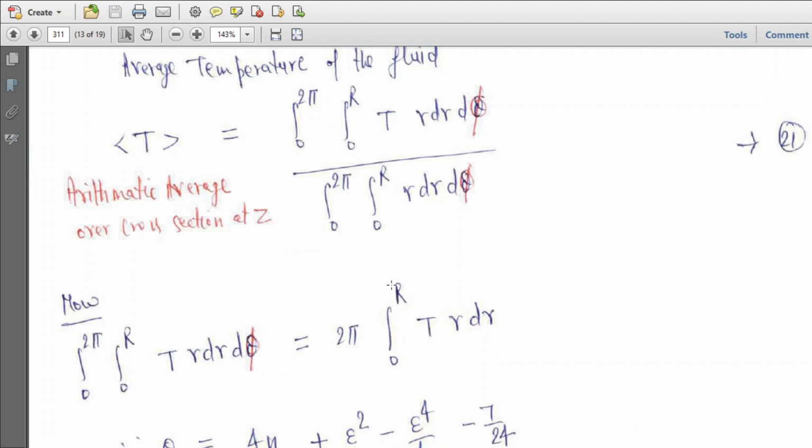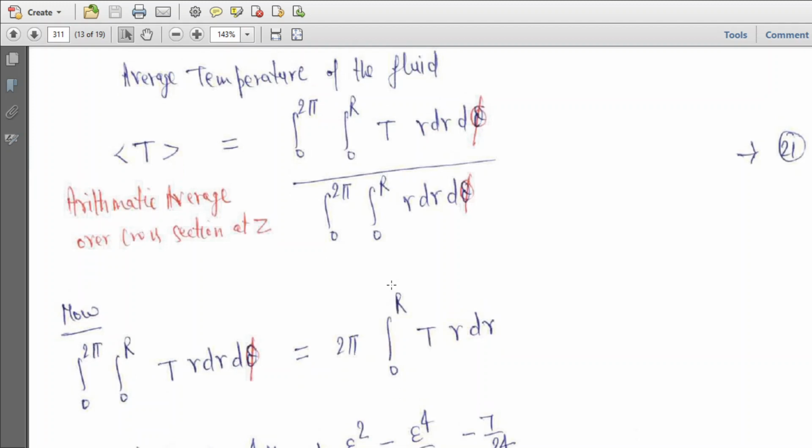Now the average temperature of the fluid, that is the arithmetic average over the cross section. This is the expression of temperature multiplied by area R dr d phi, integrated over the entire area, divided by the area of cross section. That is called the arithmetic average temperature.